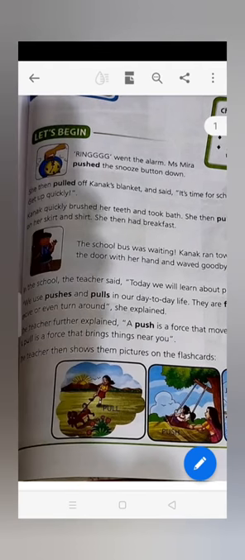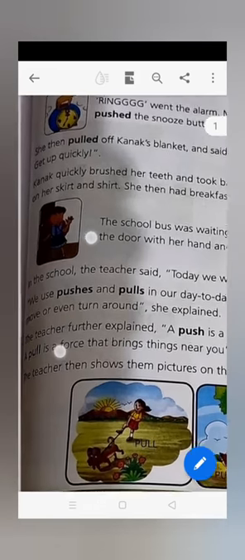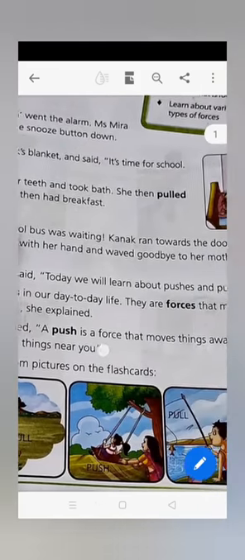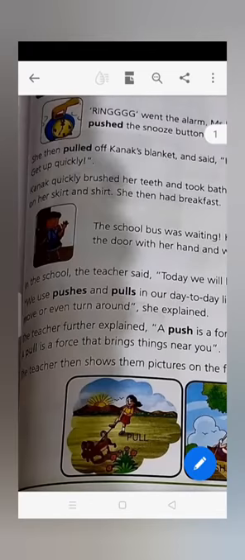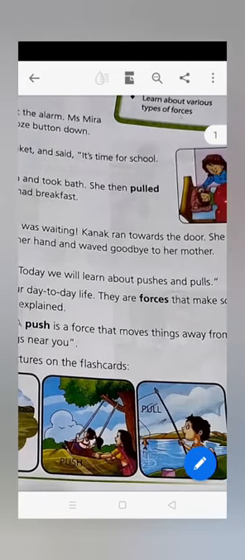So here you can see some activities like pulling and pushing they did. So in the school the teacher said, today we will learn about pushes and pulls. So these are known as pushes and pulls. We use pushes and pulls in our day-to-day life. What are they?